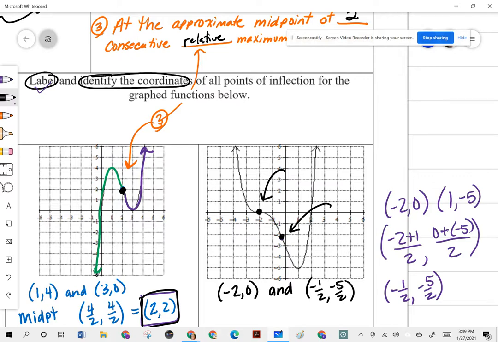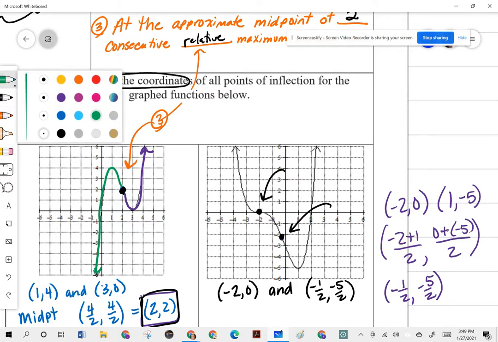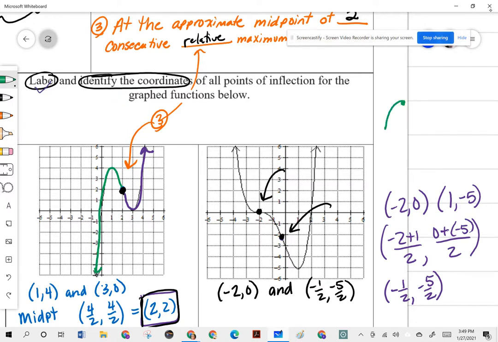And let me just show you concave down, again, what it's going to look like. Okay, so concave down is any portion that looks like an upside down cup. So this looks like the upside down part of a coffee cup. And then concave up is going to be any part that looks like an upright coffee cup.